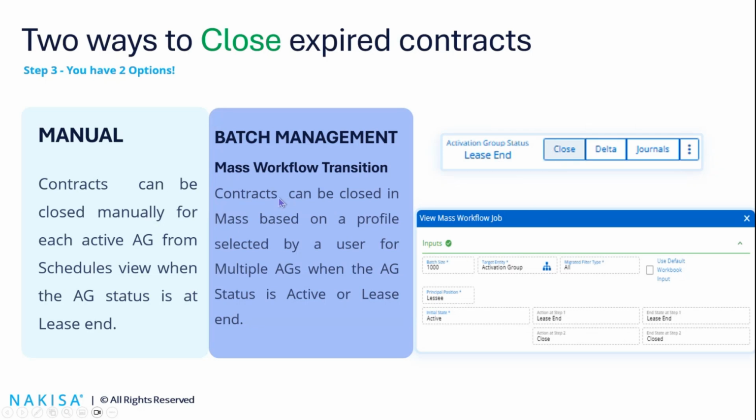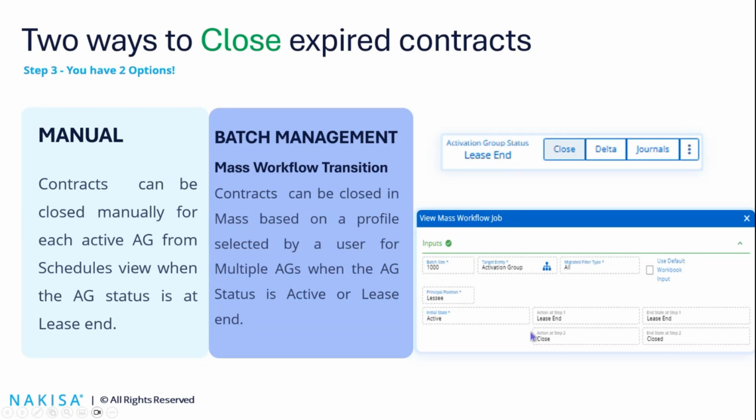The other option is to use our batch management, and the functionality we have is mass workflow transition. So contracts can be changed in mass, based on the profile selected by the user, to change the status from active to lease end. The system will identify all the contracts that can be transferred from active to lease end and further to close.